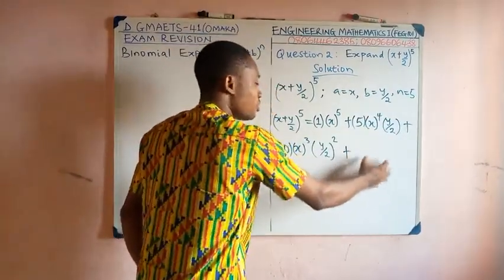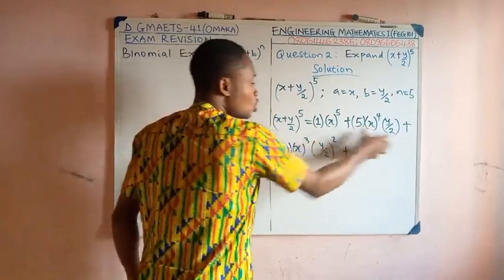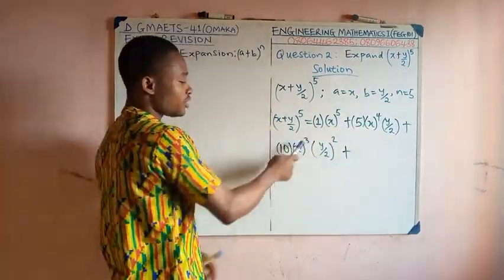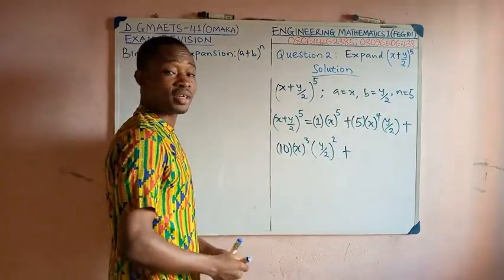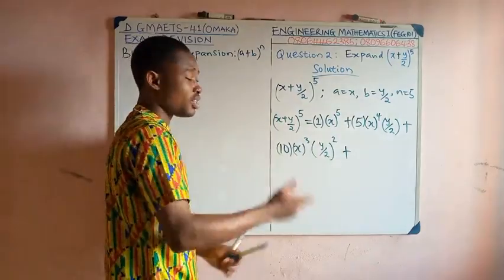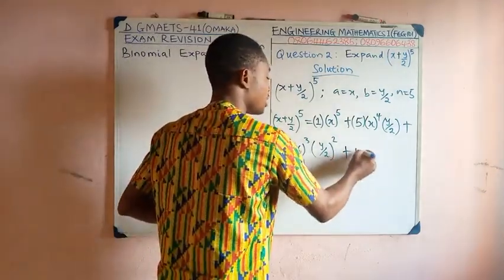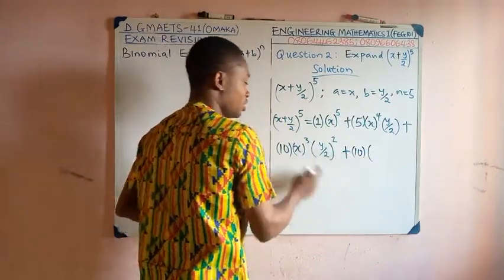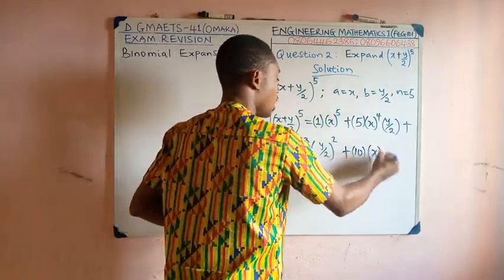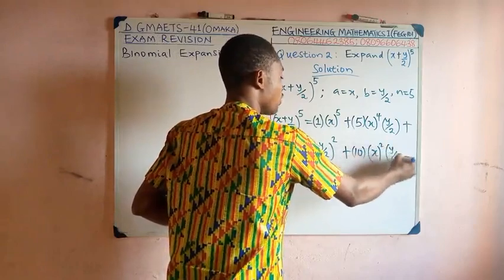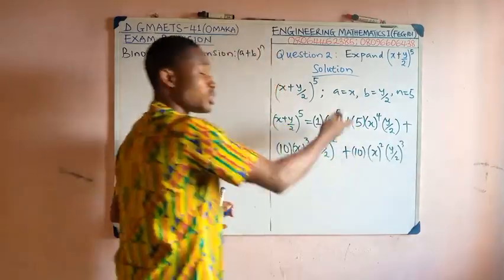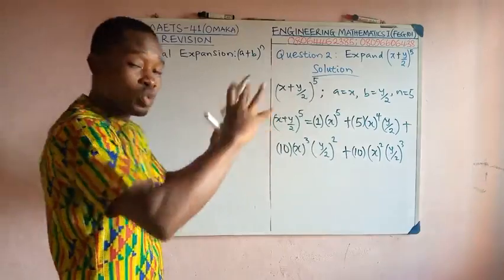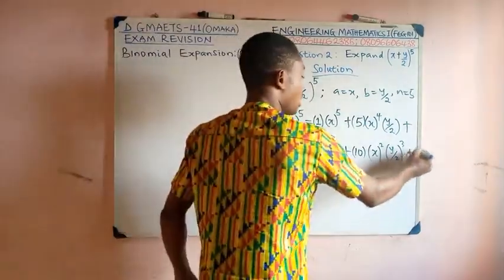This new one, the fourth term, before it I already have 1, 2, 3 terms. So it's going to be 3 times 10 divided by 3. Which of course, 3 times 10 is 30, divided by 3 you get 10. So this term will now be 10. The n combination r value here will be 10. Then x raised to power 2. And then y over 2 raised to power 3. Once again, notice the power of x and y over 2. What is happening there?